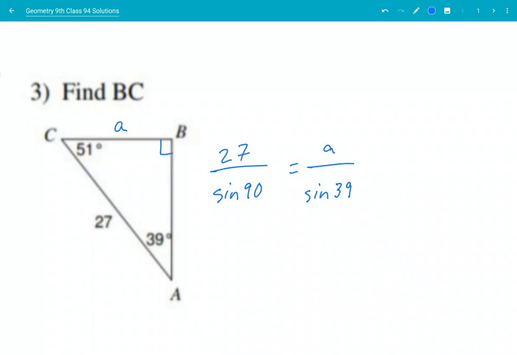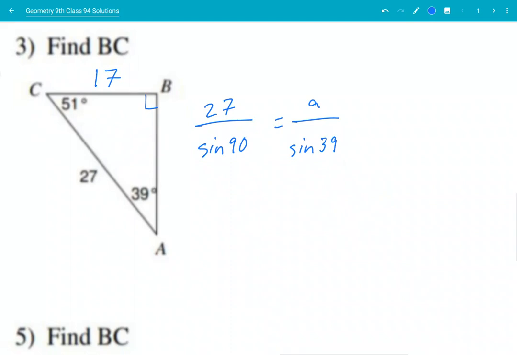But we'll just do SOHCAHTOA after this just for fun. Okay, 27 times sine of 39 divided by sine of 90. Sine of 90 is 1, right? So we get 16.99. Rounded to the nearest tenth is 17. So we get A is 17, right?